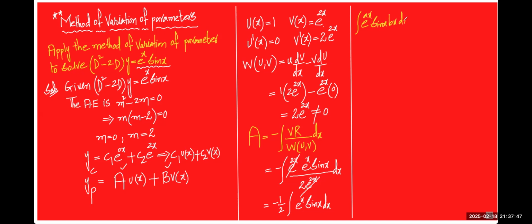Just compare our question: a value is 1 here, b value is also 1 here, and the formula will be equal to e power ax by a square plus b square. Already intermediate formula, nothing new.